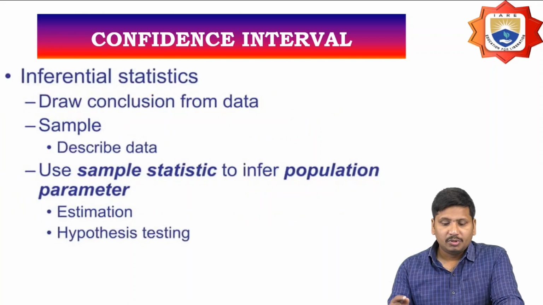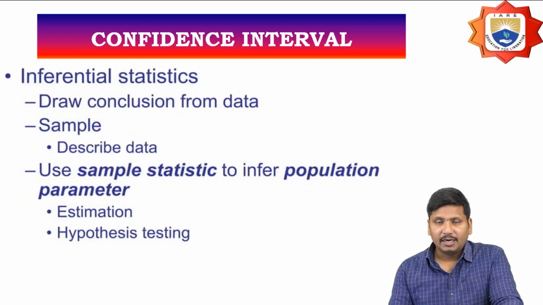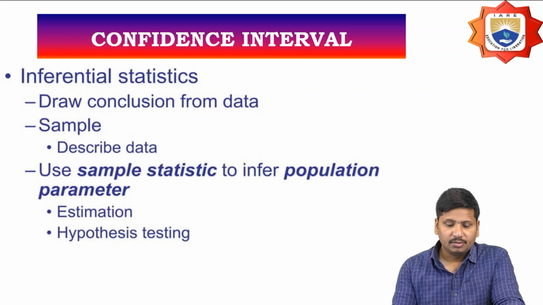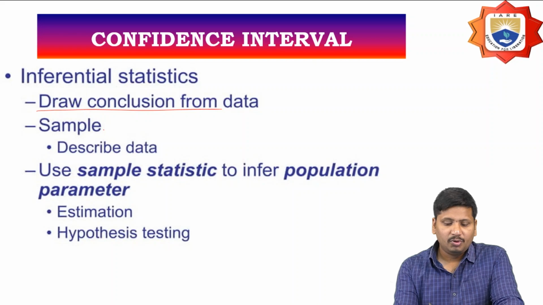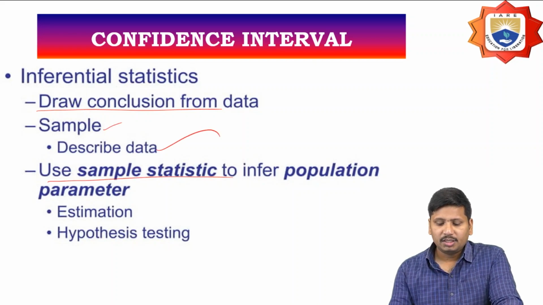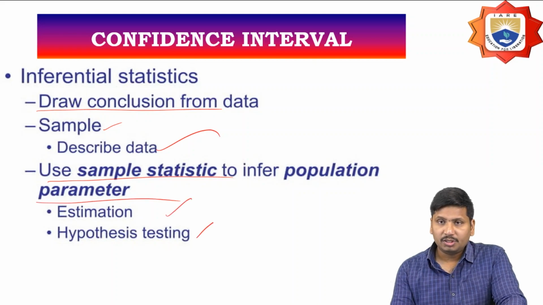So there are different types of statistics, like inferential statistics and descriptive statistics. In inferential statistics, we have to draw the conclusion from the data, and for the sample, we have to describe the data. So use sample statistics to infer the population parameter, like estimation and hypothesis testing.